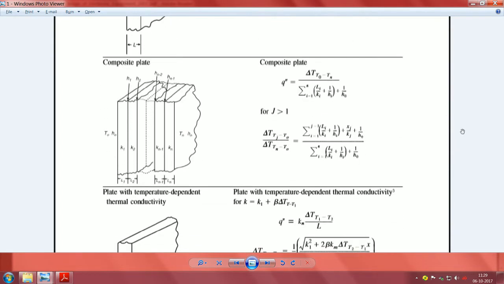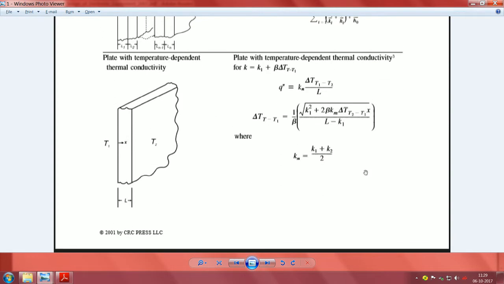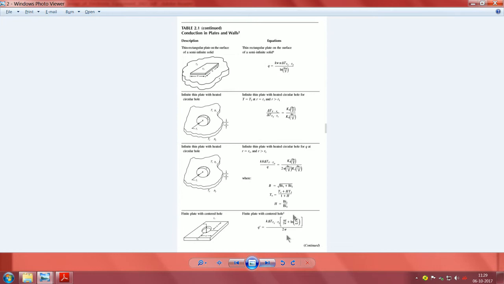So, in the case of a composite plate, same thing, this whole thing has been given here, in case you have plates with different thermal conductivity. So, you have huge equations, you just need to know that it is possible for you to make use of these things.